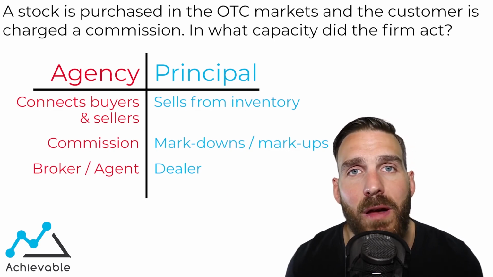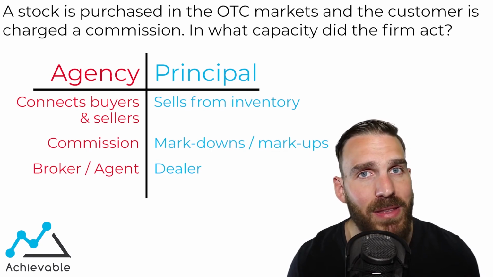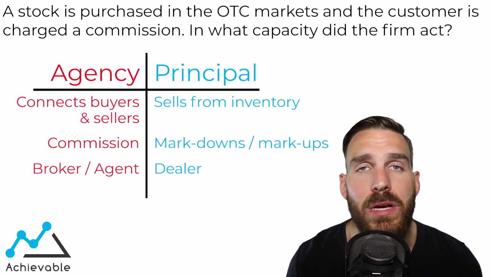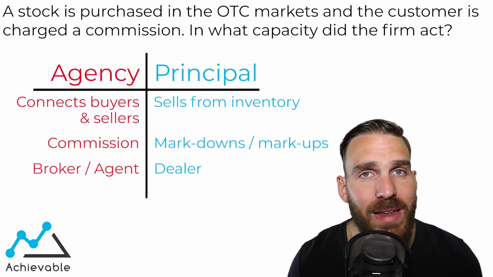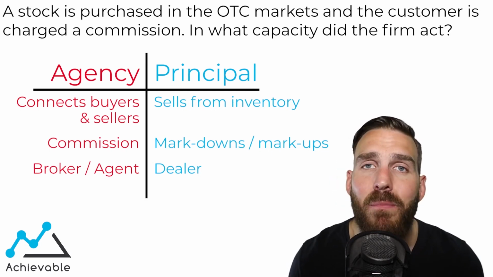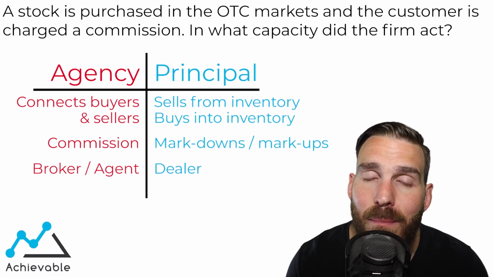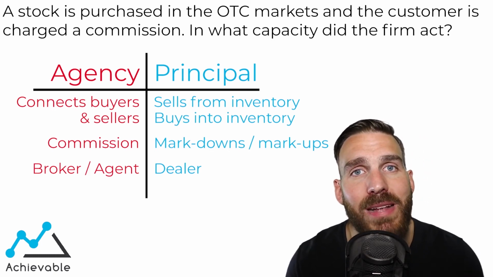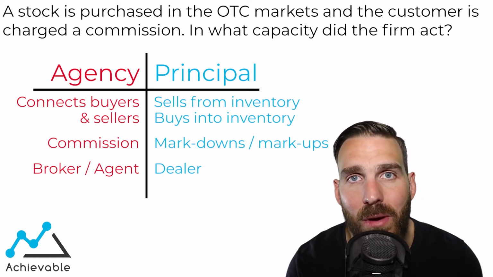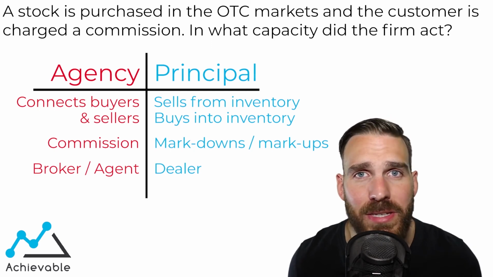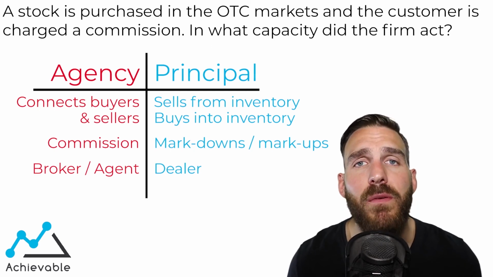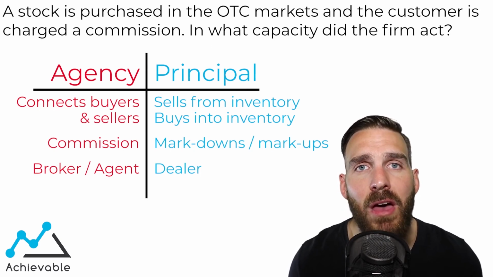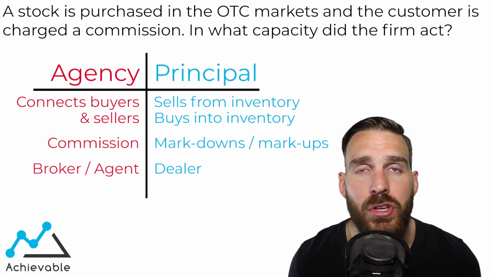Now, before we move on from principal, just to talk about the sell side from the customer's perspective, if you wanted to sell 100 shares of Coca-Cola and the firm was acting in a principal capacity, they would buy that stock from you, likely at a marked down price, and put that stock directly into their inventory. So to summarize both agency and principal, these are two different ways that financial firms can help you or any investor do a transaction.